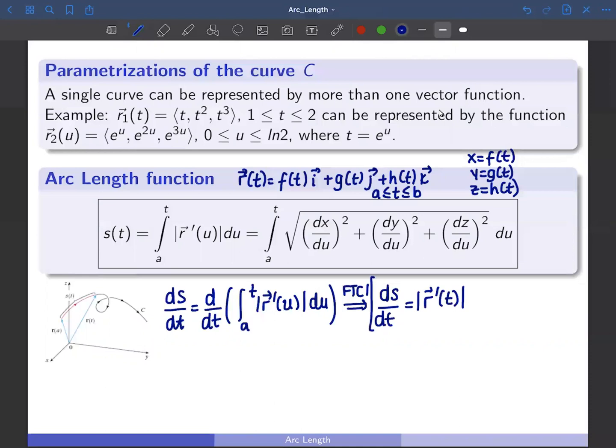Now, this formula is sometimes very useful in order to parameterize a curve with respect to the arc length.